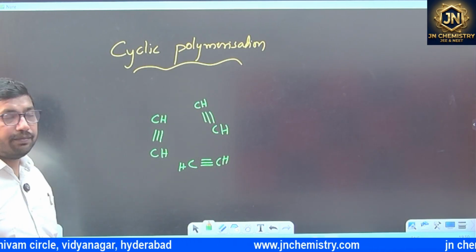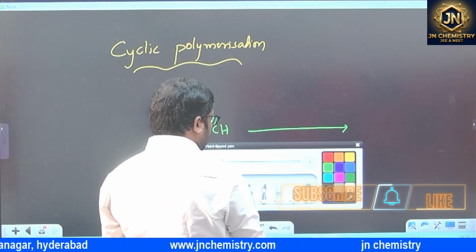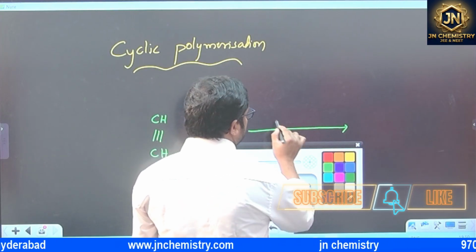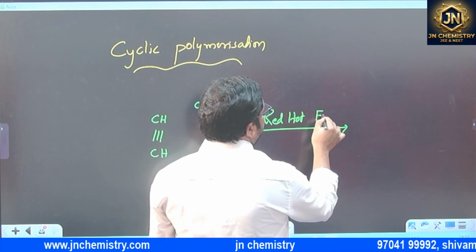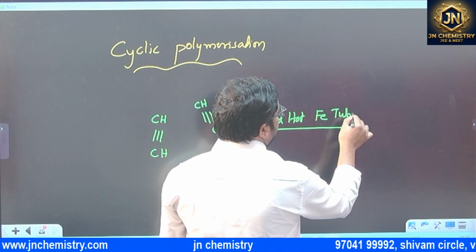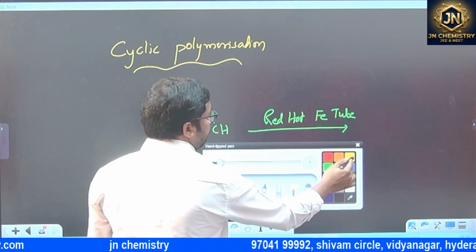If I am taking 3 moles and passing this acetylene gas through a red hot iron tube, what exactly happens?